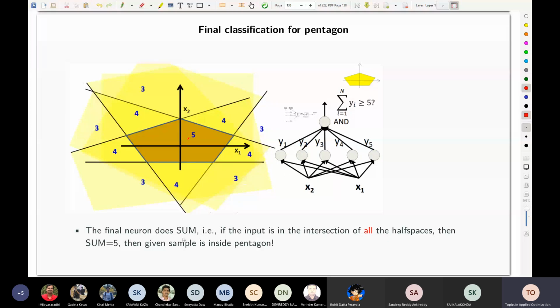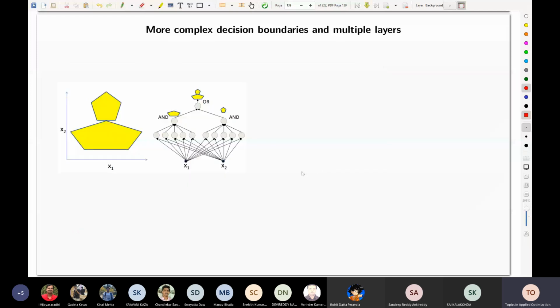So the final neuron does the sum, and if the input is in the intersection of all the half spaces, that means the sum of yi must be 5. Then, if the sum is 5, the given sample is inside the pentagon. OK, so this is how we do this.